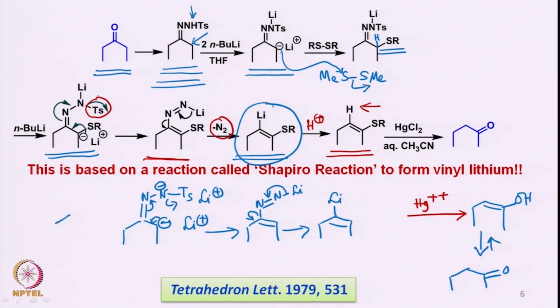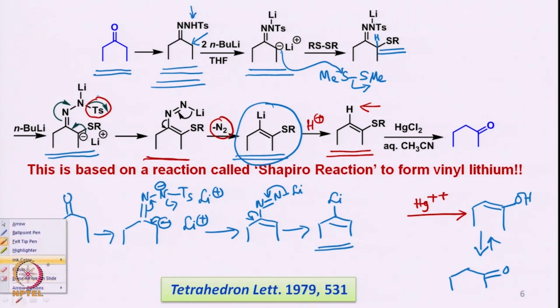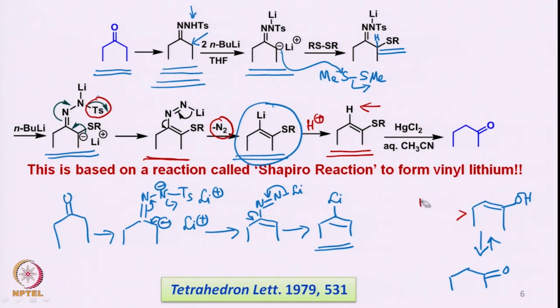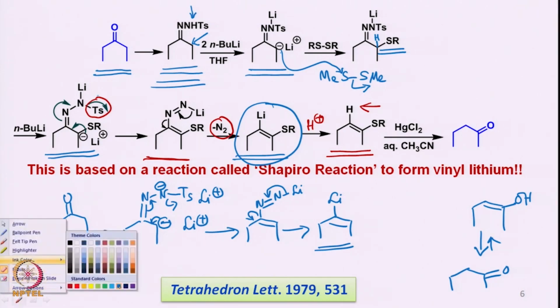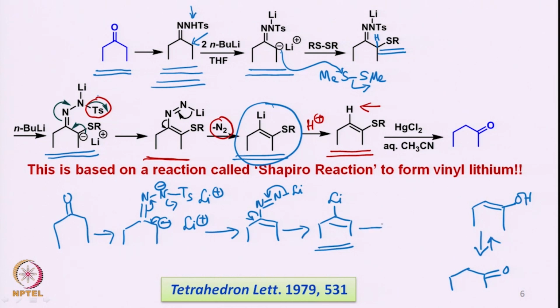So if one starts with a ketone like this and prepares the tosyl hydrazone and then finally gets the vinyl lithium, now you can react with any electrophile that is possible to react, and that allows the introduction of, say if you have an E plus as an electrophile and X minus of course as a counter ion, then one can introduce the E here.